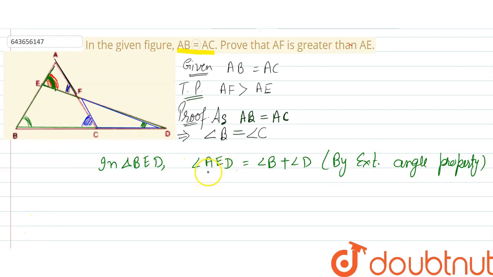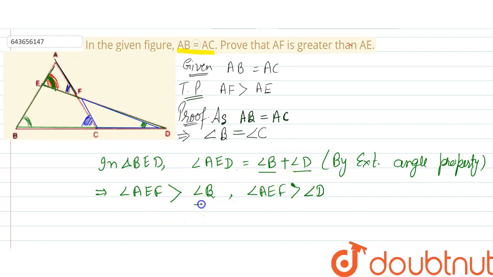We know the exterior angle is equal to the sum of the two interior opposite angles. As this angle is equal to the sum of these two angles, clearly angle AED or angle AEF, the same angle, is greater than angle B as well as angle D individually.